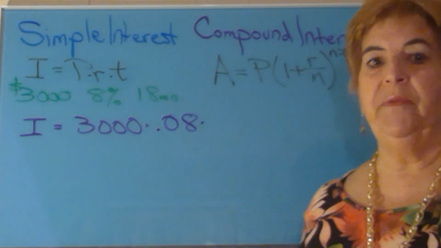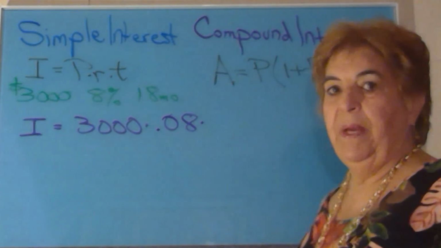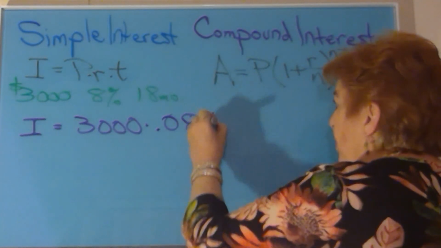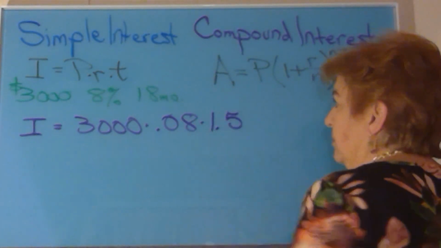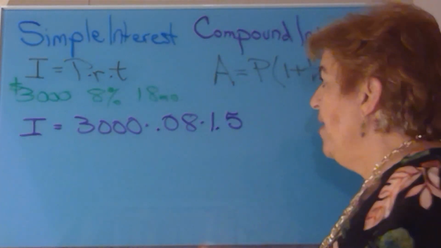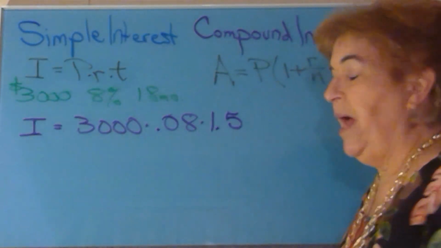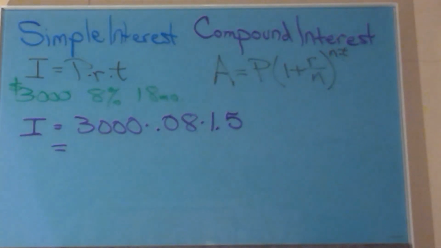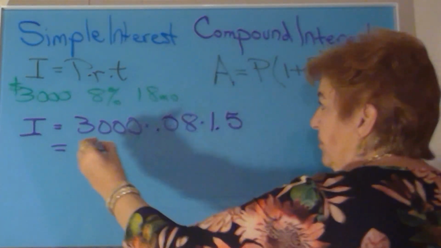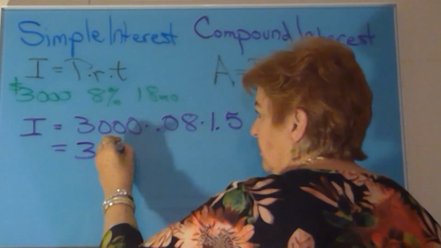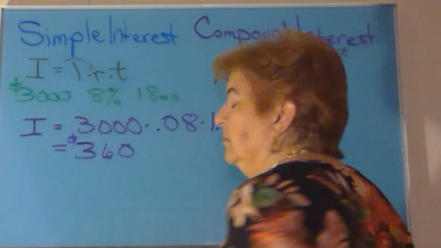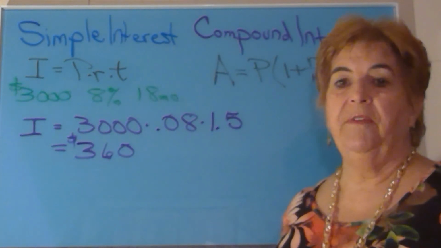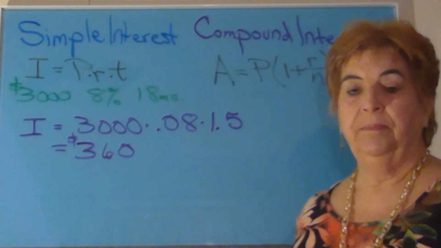And 18 months, if you divide it by 12, you get 1.5, or it's a year and a half. And that's all you need to do to calculate that. If you put that in your calculator, you will come up with $360. Interest on your $3,000 if you leave it in the account for a year and a half.